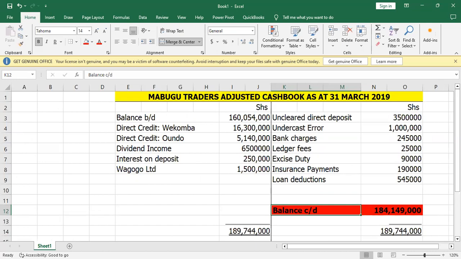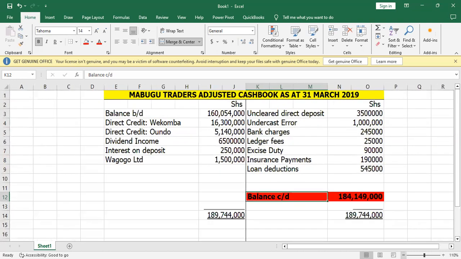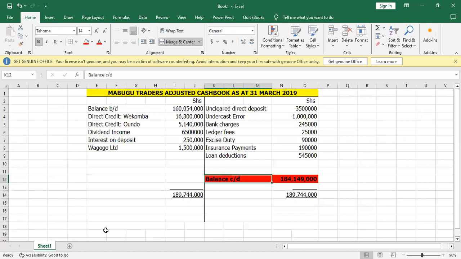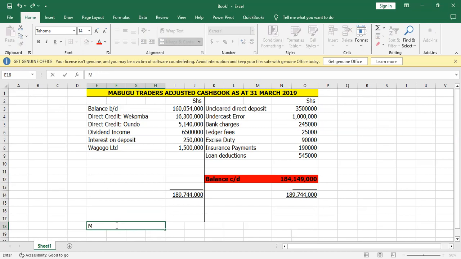Now let us see how we can prepare the bank reconciliation statement very fast to prove our balance as per the bank statement. So you come here, you write your heading, Mabugu Traders, bank reconciliation statement as at 31st March 2019.